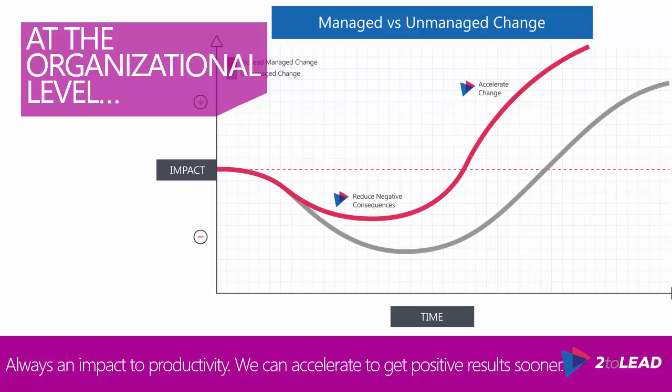What we want to do is we want to manage this change and be a part of it, because we can actually reduce those negative consequences. We can even have this dip actually happening during training or in a safe environment, so that the user doesn't become discouraged or frustrated and decide to go back to the old way that they were working. And we can actually get to accelerated results quicker.